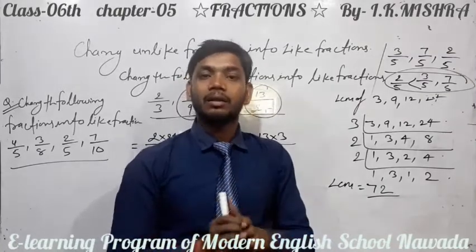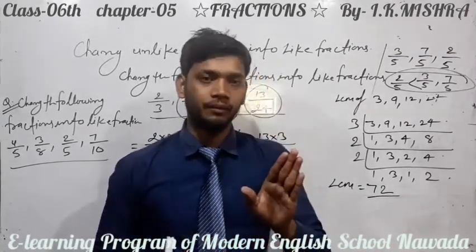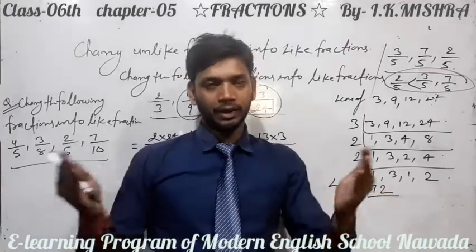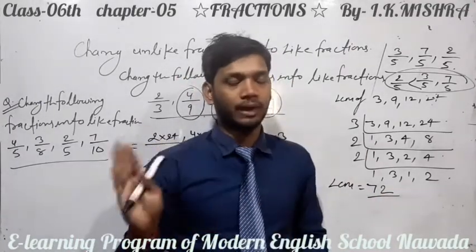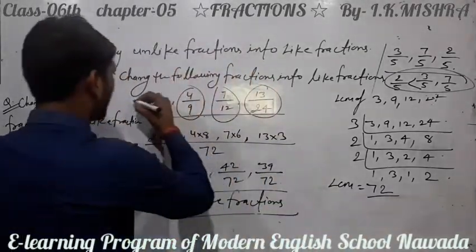So students, similarly when you are given unlike fractions, first of all change unlike fractions into like fractions, and you know the method to change unlike fractions into like fractions. Now students, we have to arrange these fractions.